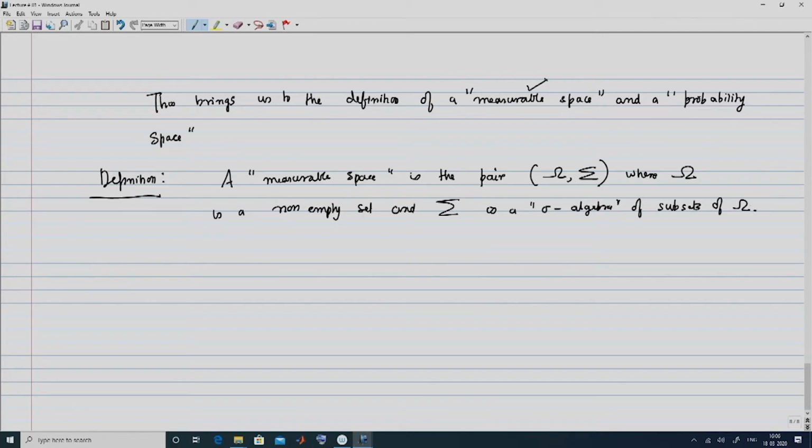So, this takes care of what is a measurable space, and now we are in a position to talk about what is a probability space. So, a probability space is a triple.